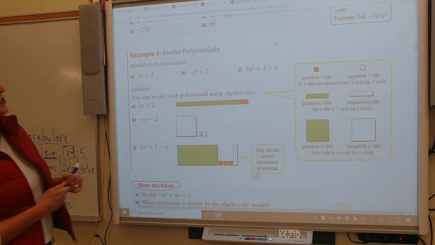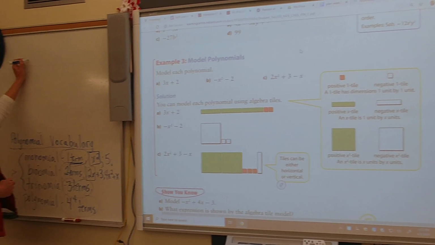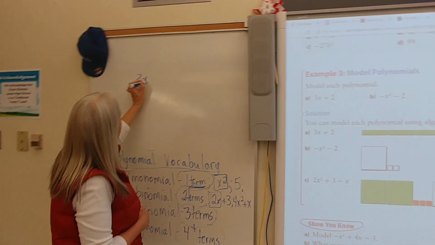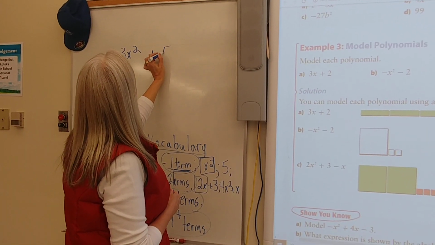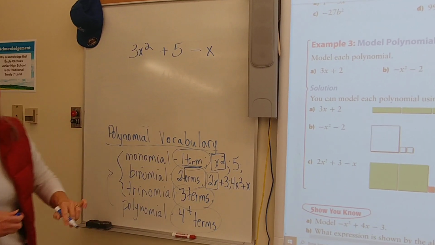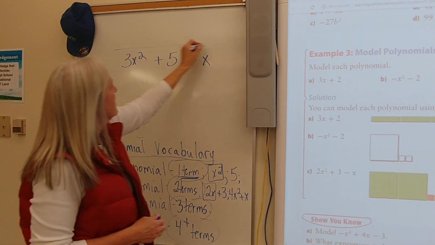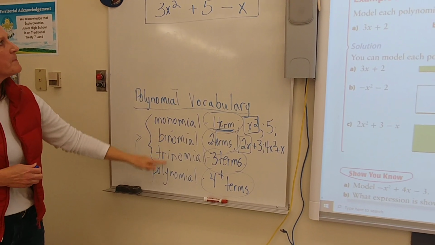When you do your Knowledge Hook session, it's going to review for you a few different terms. So let's say we have this polynomial. What kind of a polynomial would we name this?